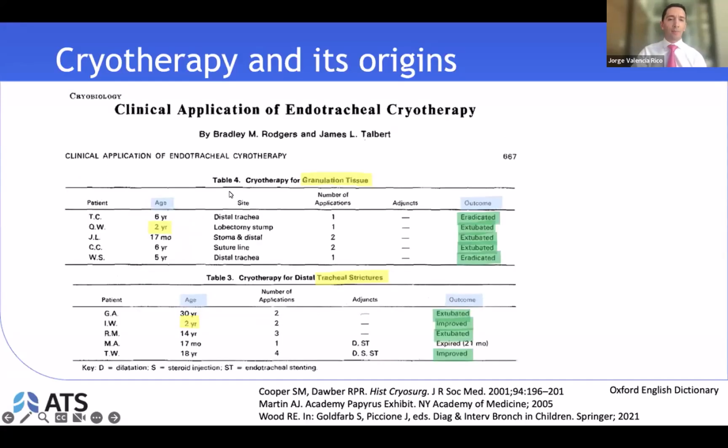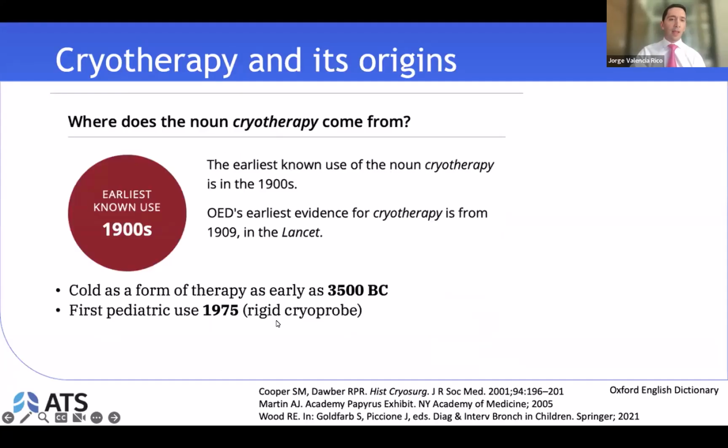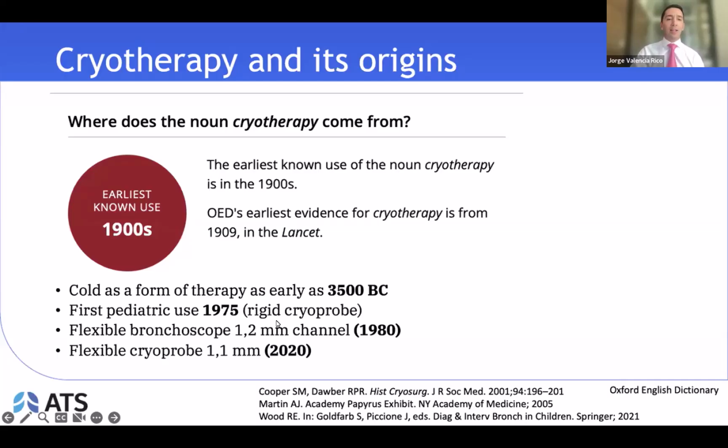This is a brief summary: 2 cases of granulation tissue and tracheal strictures in children as young as 2 years old, with the outcome of extubating or eradicating the granulation tissue. The first bronchoscope with a 1.2 channel was developed around 1980, and the first cryoprobe, the 1.1 flexible, was FDA cleared around 2020.